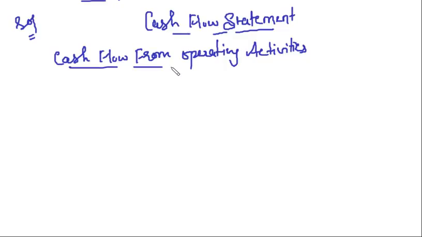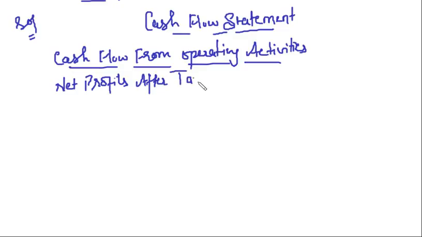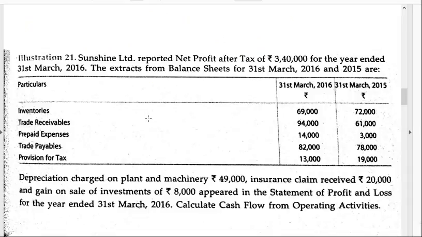Clear? So the very first step is net profits. What we are given are net profits after taxes, 3,40,000. Clear?